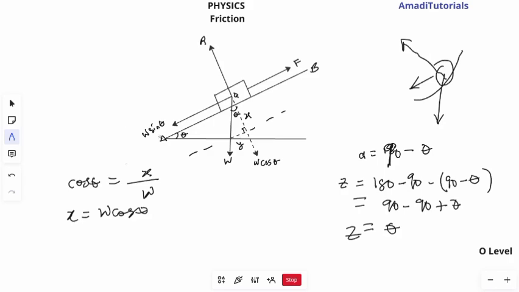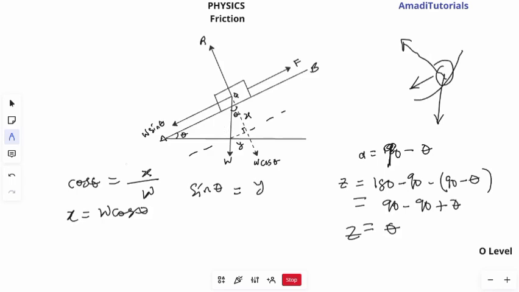Then for this one that is W sin theta, how did we get it? Now you see this other parallel line that I drew here that I labeled Y. So you also find a trig ratio that will relate theta with W and Y, which is sine. And sine theta will be what? Opposite over hypotenuse.